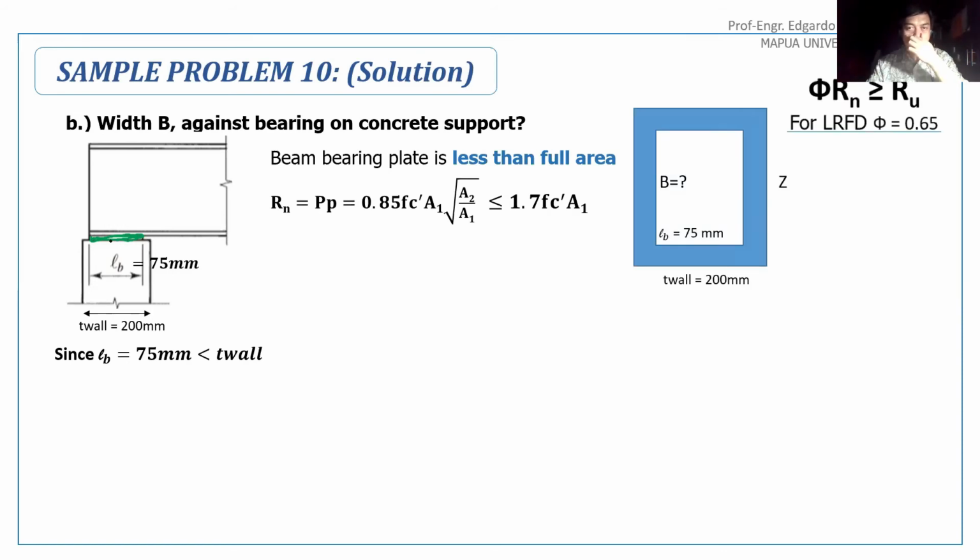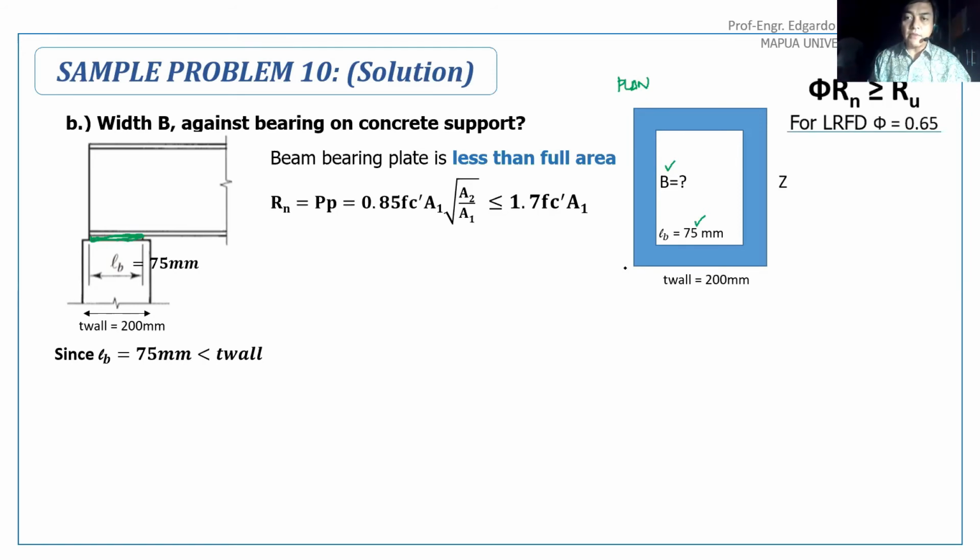Okay. So, kung titingnan mo yung pinaka-plan view, ito yung top view. Yung kulay puti, yan yung bearing plate natin. So ang length niya is 75, tapos yung width niya is B. Yan yung hinahanap natin. So kailangan natin ma-solve yung A sub 2. A sub 2 would be the biggest rectangle similar dun sa bearing plate that we could have inside the pedestal.